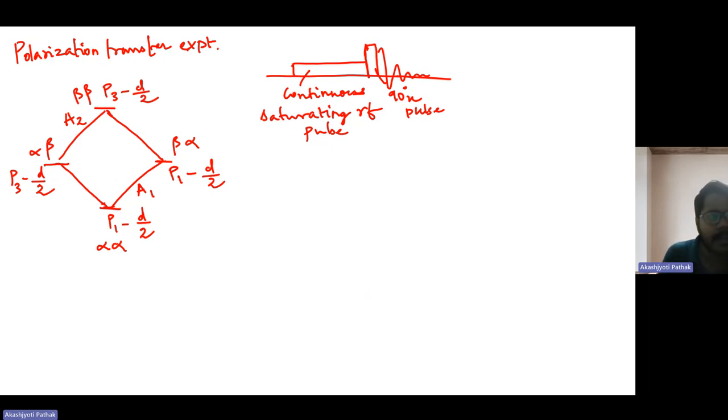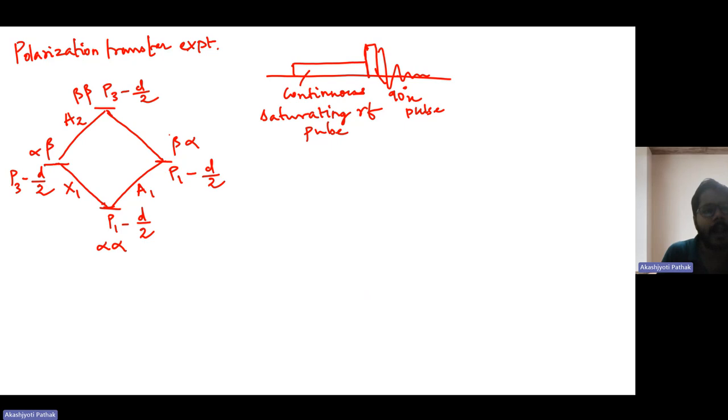Similarly, if we look at these two energy states, alpha alpha and alpha beta, the second alpha spin state is changing from alpha to beta. So here the transition is happening in the X nuclear spin system. This is denoted by X1.